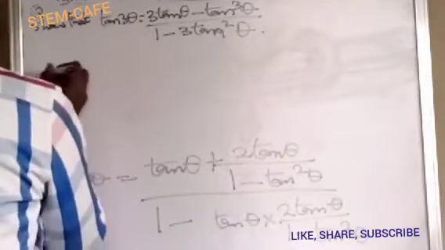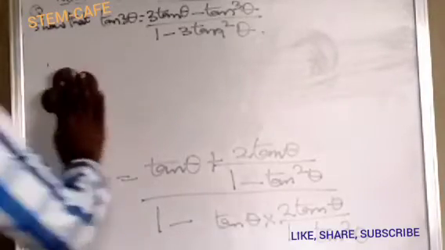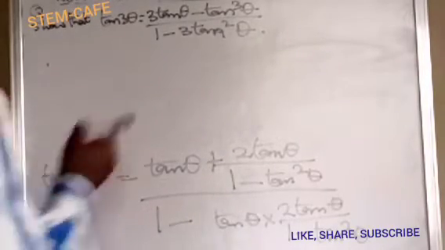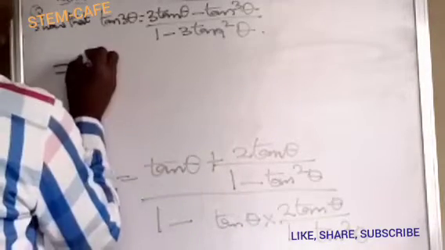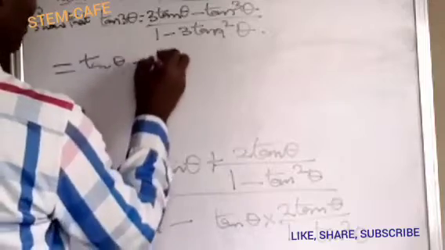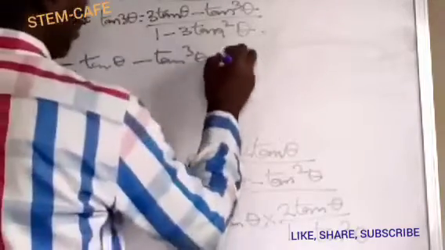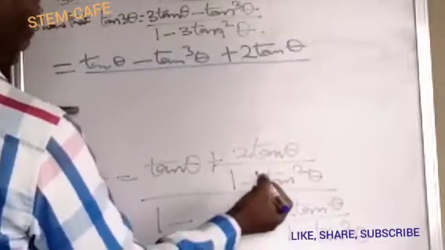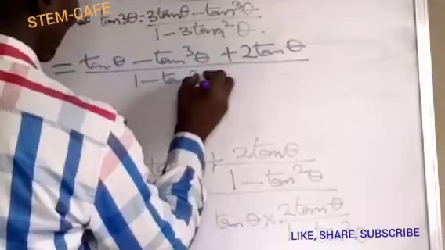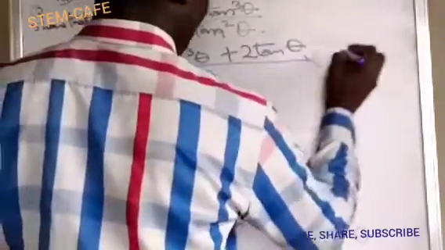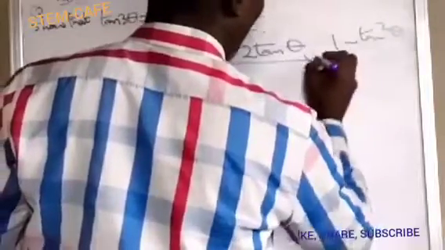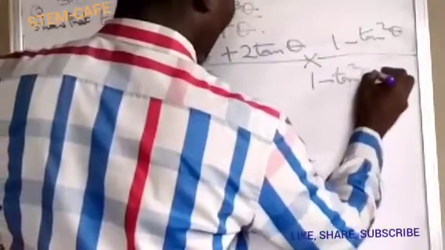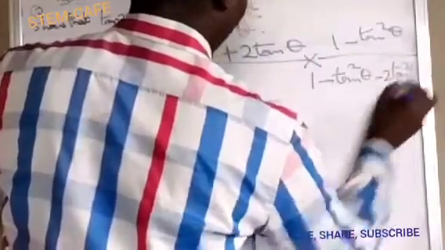By extension, it's going to be tan theta minus tan cubed theta plus 2 tan theta over 1 minus tan squared theta, times 1 minus tan squared theta over 1 minus tan squared theta minus 2 tan squared theta.